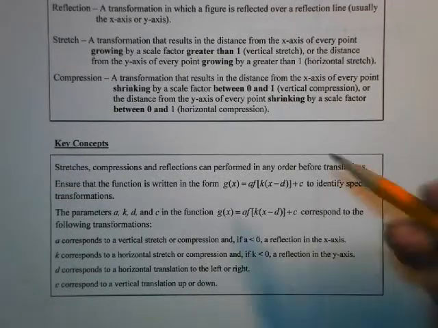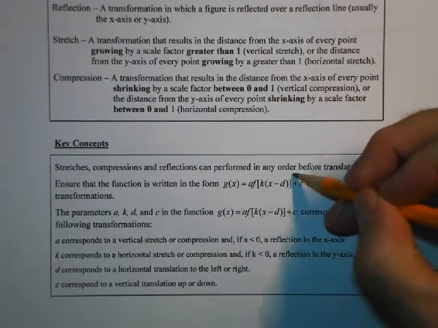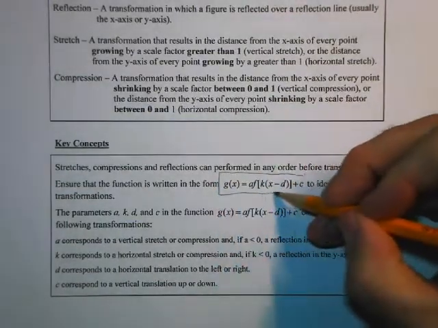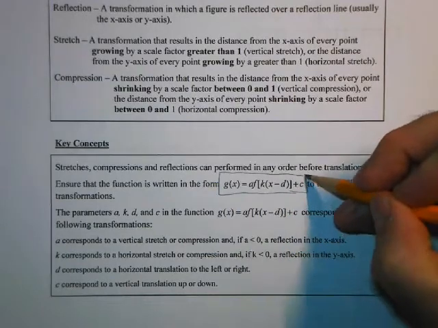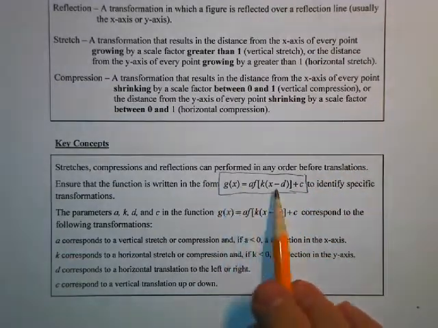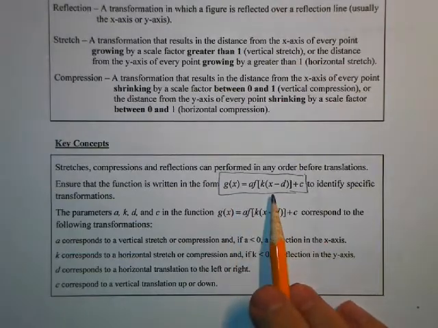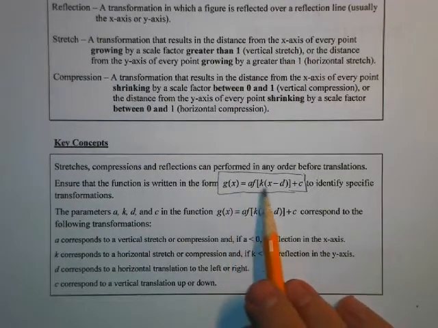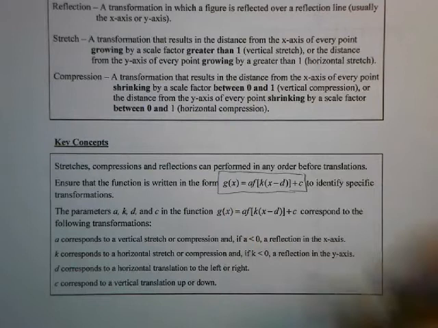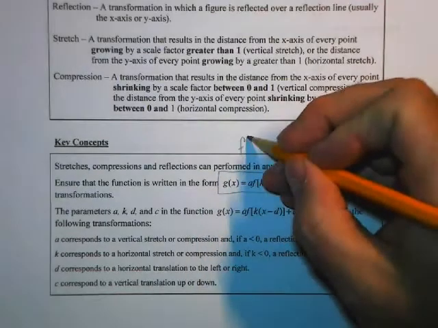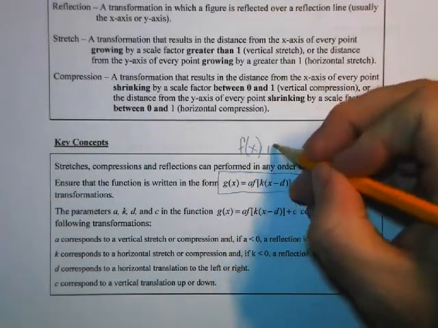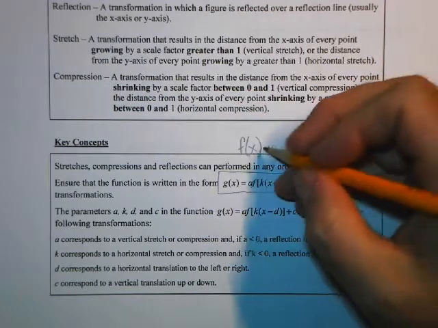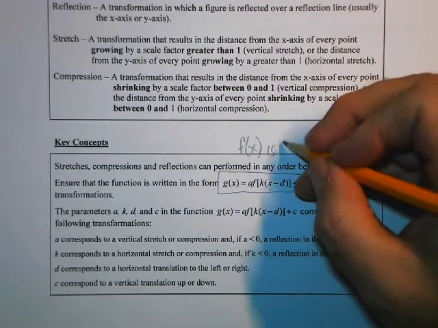Okay, now here is the key formula. We've kind of been developing this over the last 2 lessons, but now we're combining the things we learned into one formula, and you can see basically we're starting with f of x, which we'll refer to as the base function.